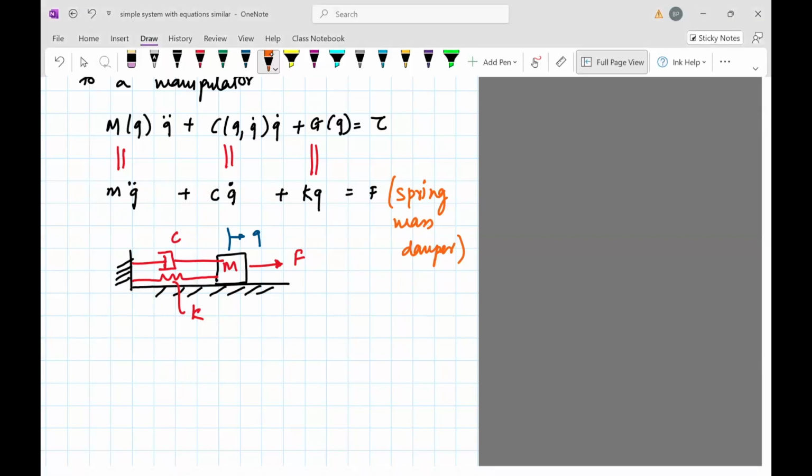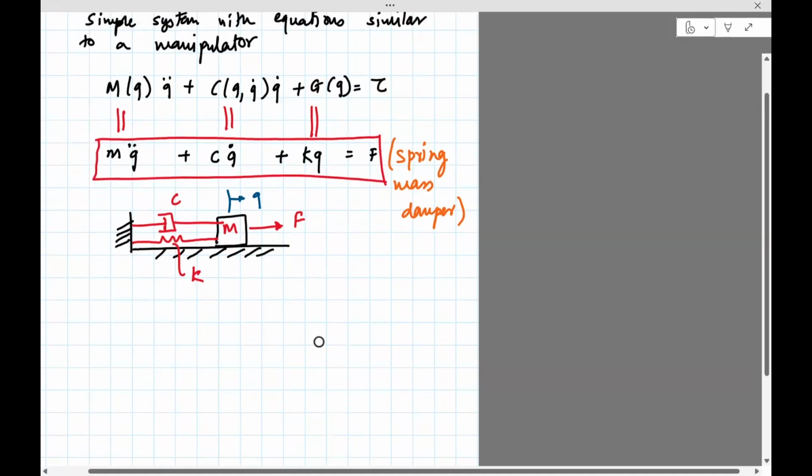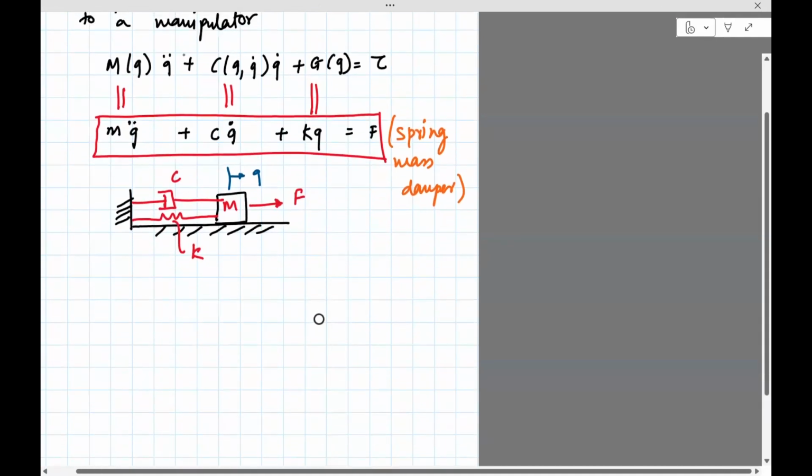So this is a very well studied system, and we can go from this to build our intuition. So let's assume that the force is zero. Okay, there's no force.